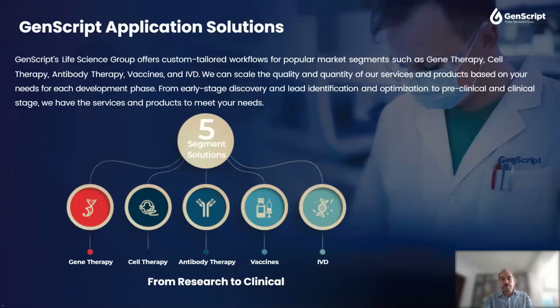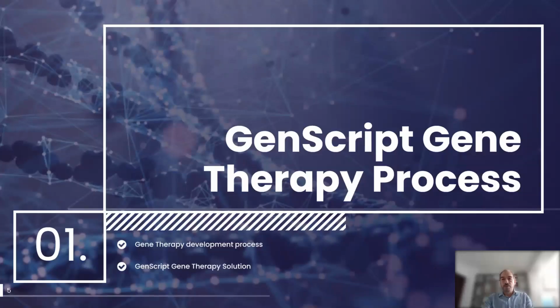GenScript has complete solutions for multiple applications. One of them is gene therapy. Another one is cell therapy. We have a complete solution for antibody therapeutics, vaccines, and IVD, as well as some other applications such as synthetic biology and plant biology. Today, my focus will be on the gene therapy specifically.